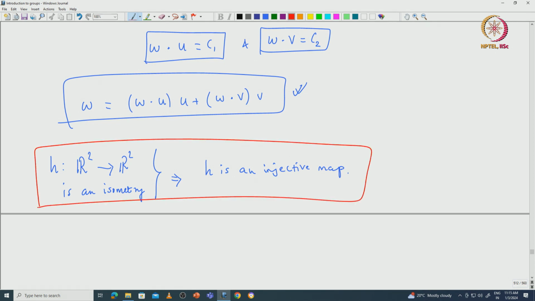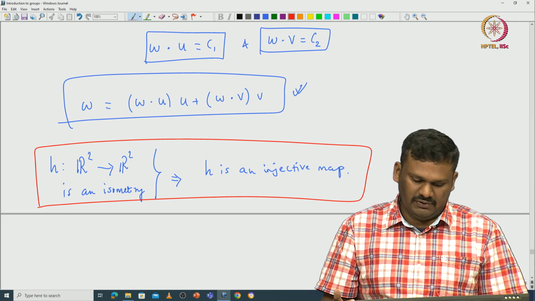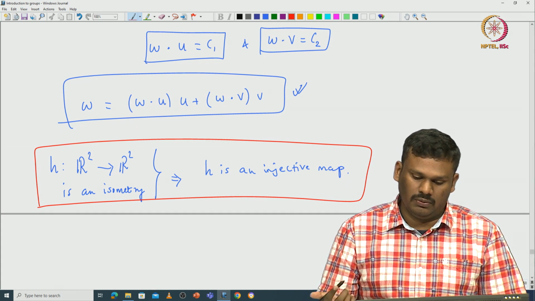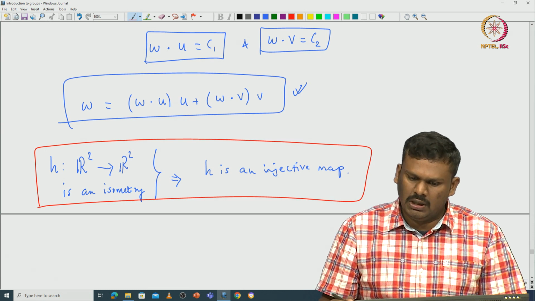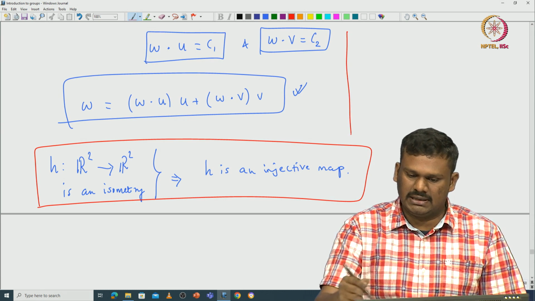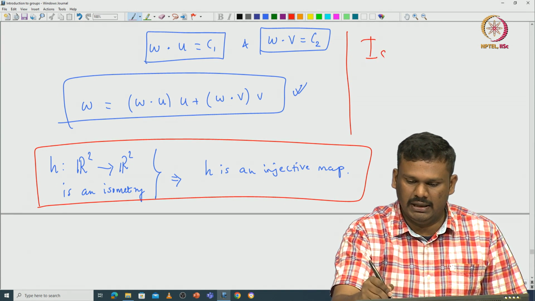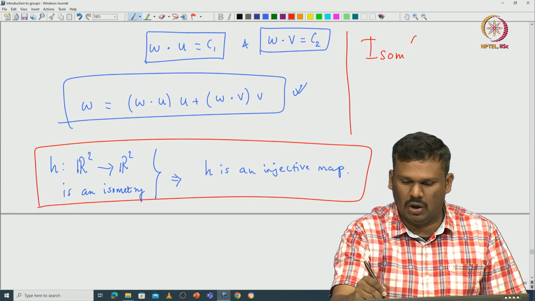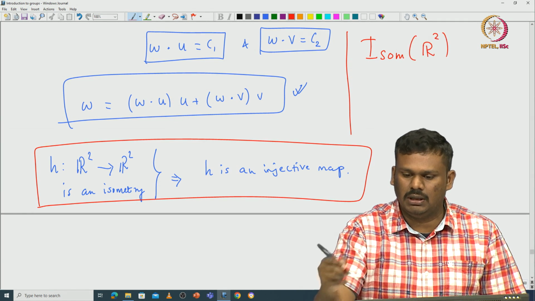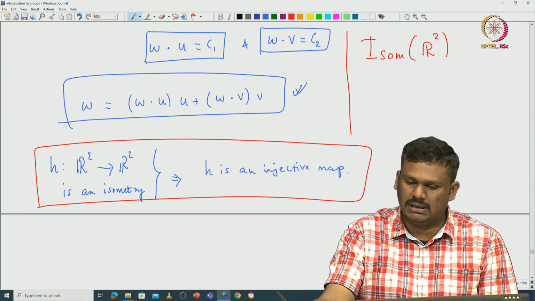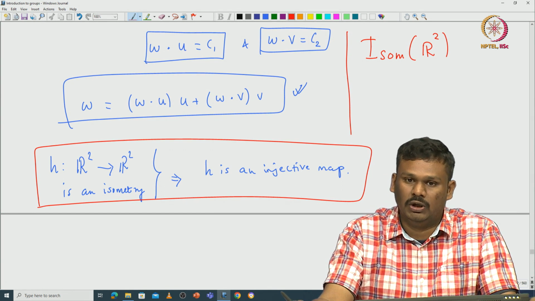But if you see some examples, you can easily see that many isometries that we know are both injective as well as surjective. So, they are indeed bijective maps. That is what one would like to see. We want to understand this set of isometries, which we denote by ISOM of R2. Ultimately, we want to prove that these isometries of R2 form a group.